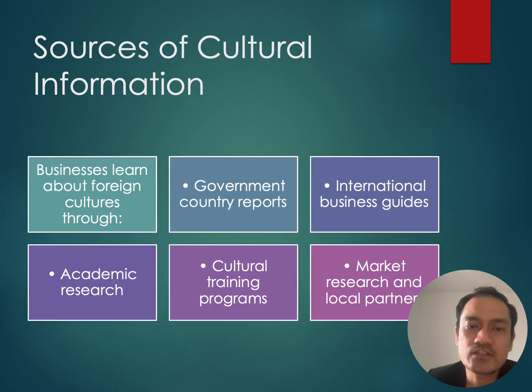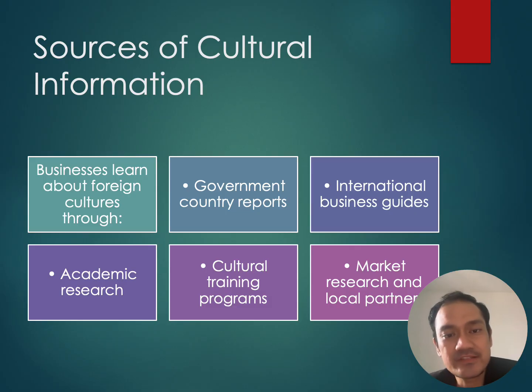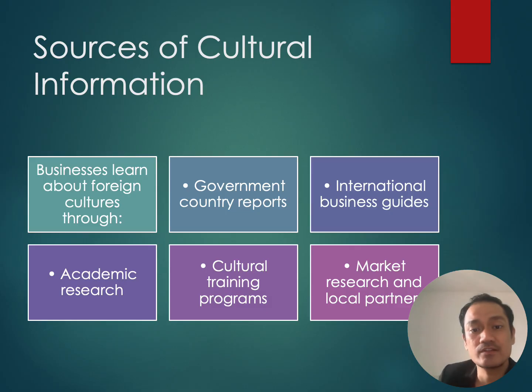These are the sources of cultural information. Businesses learn about foreign cultures, first, through government country reports. They can access these reports at specific agencies like the library and Matrade. Matrade is the agency in Malaysia. They can access information about all the international markets overseas. Secondly, international business guides, which you can access online.